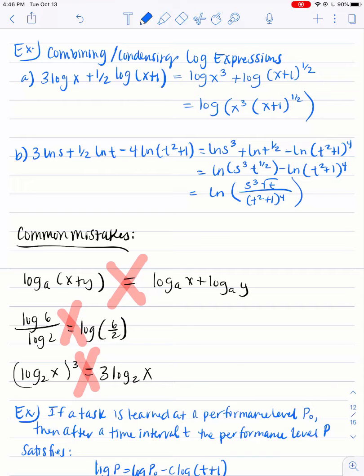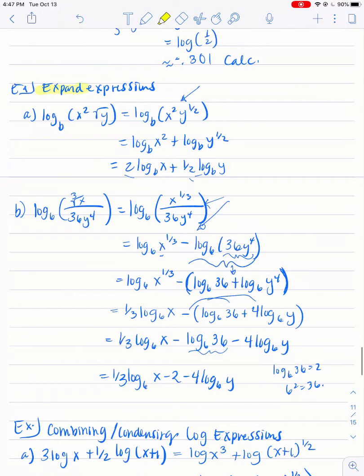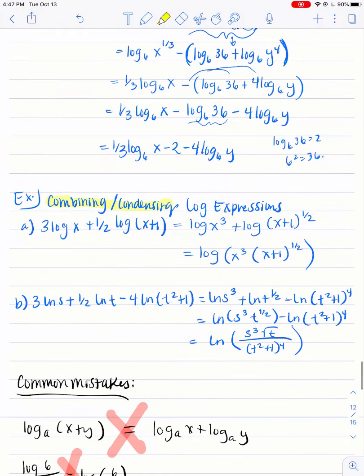Alright, now we're going to combine and condense log expressions. So now I don't want to expand it. Here we were expanding it. Here we want to combine and condense it. So I have 3 log x plus 1/2 log of x plus 1. I want to combine these. So I use the power rule, and I move my 3 back up as the exponent of x.